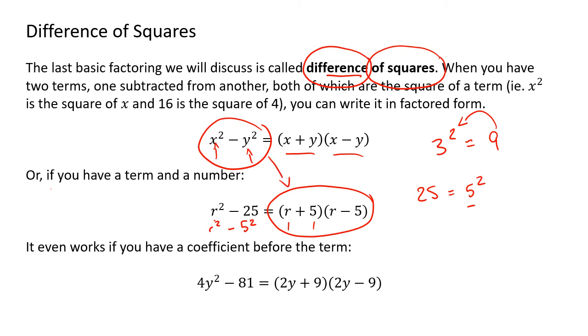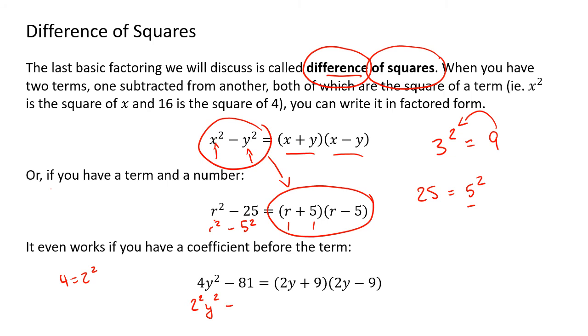Okay? And it applies even if you have a coefficient in front of it, okay? So if you have 4y squared minus 81, remember, 4 is equal to 2 squared. So this is the same as 2 squared times y squared minus 81, okay?